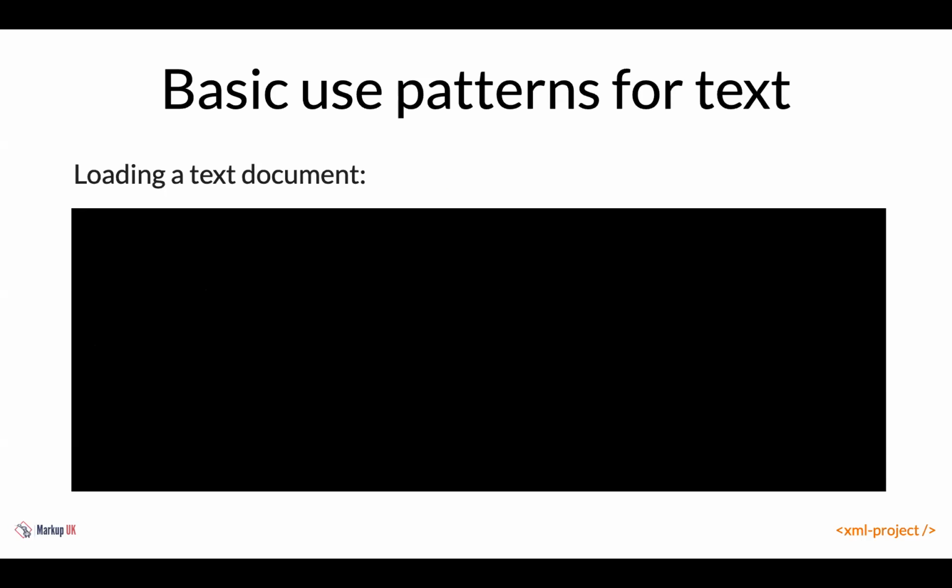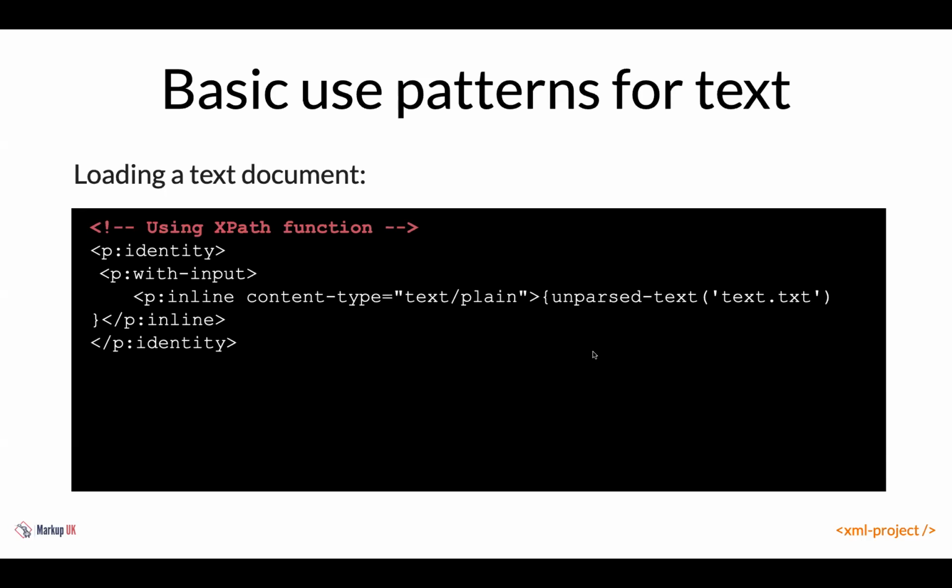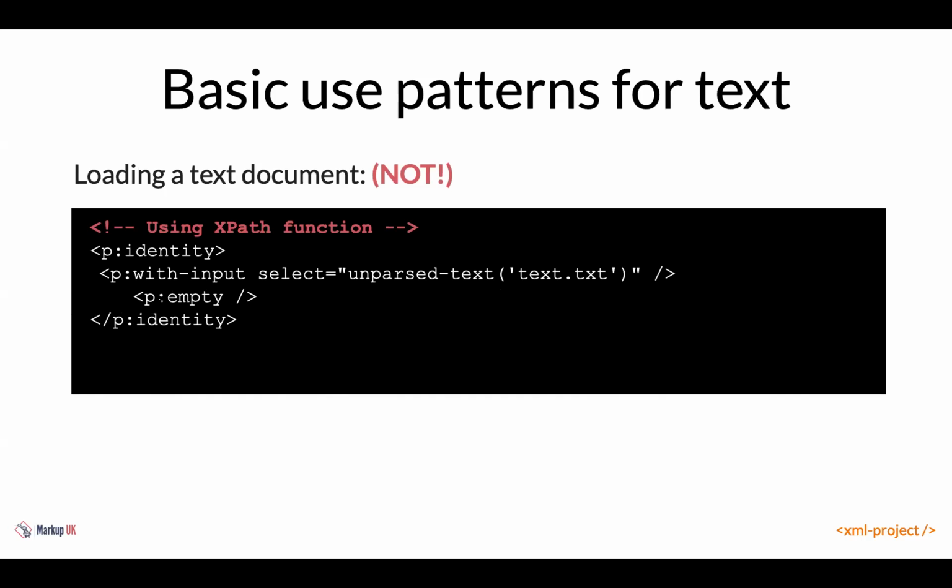Let's go back to one slide. With XPath functions, you have to be careful where you put them. You see here, I put the XPath function in a p:inline. In the p:inline, you might be tempted to do this: you don't write it in the inline, but you see that, okay, there's a p:input, and the p:input has a select expression, and there I can give an XPath expression too.